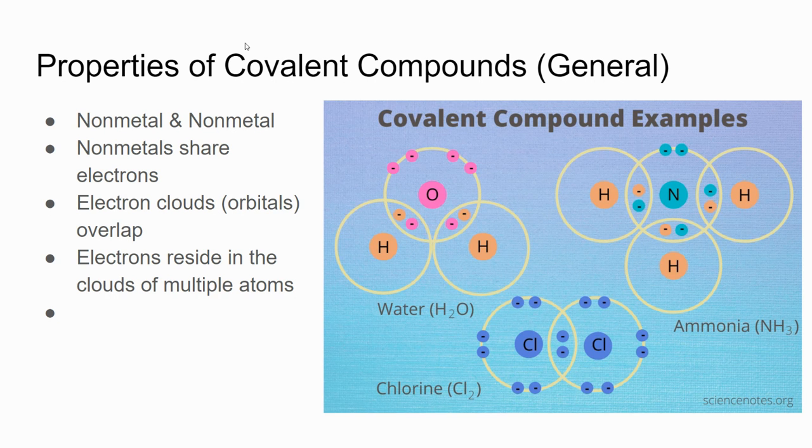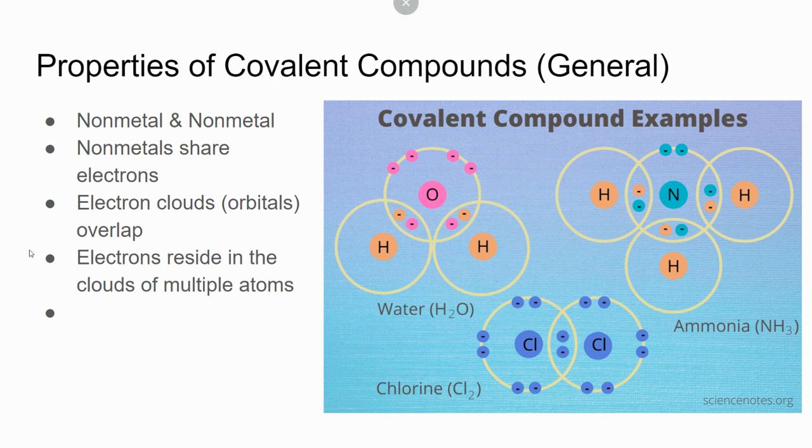In covalent bonds, nonmetals share electrons. Their electron clouds, or their orbitals, remember we talked about how electrons are in orbitals, overlap with one another. And technically, the electrons actually reside in multiple atoms.